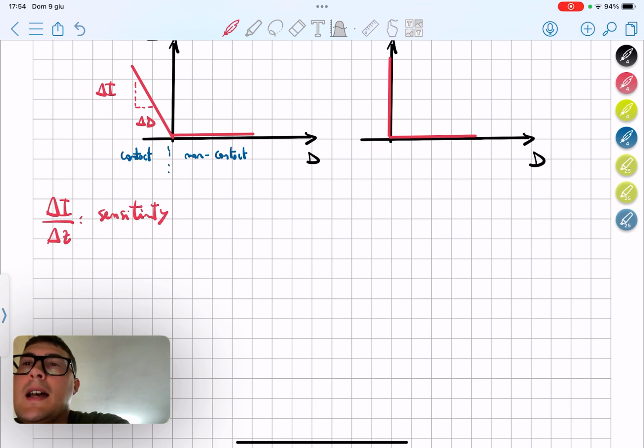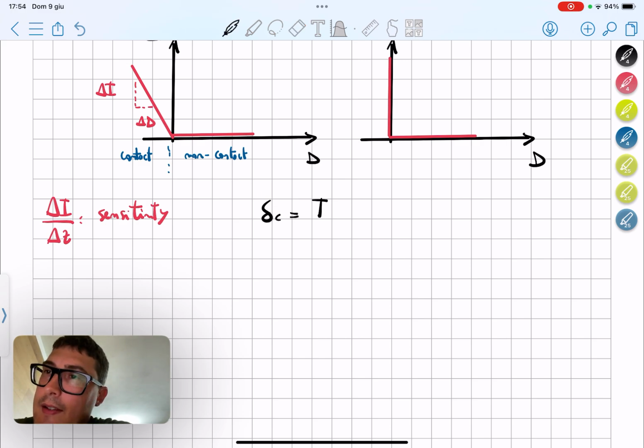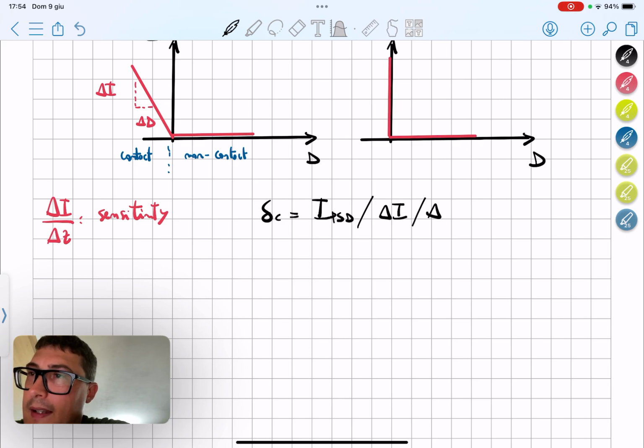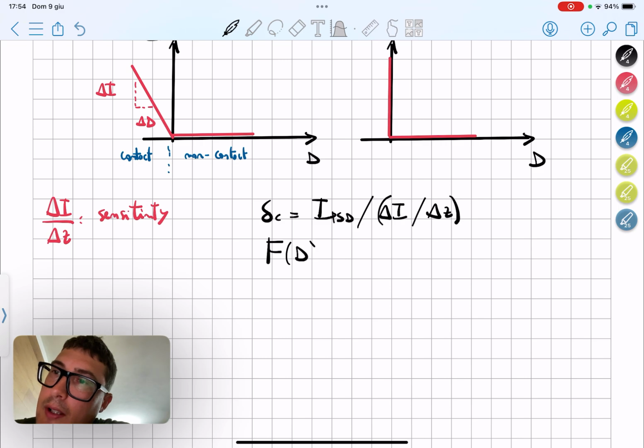And delta C is the intensity measured at the PSD divided by the sensitivity, so divided by delta I divided by delta Z. And the force as a function of the distance is effectively K delta C.